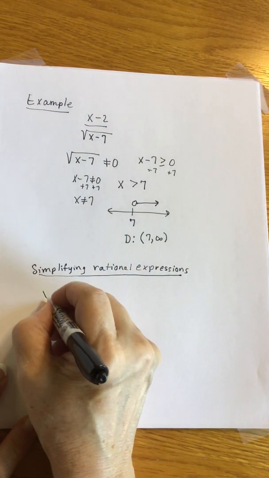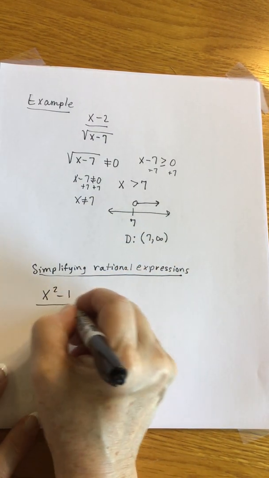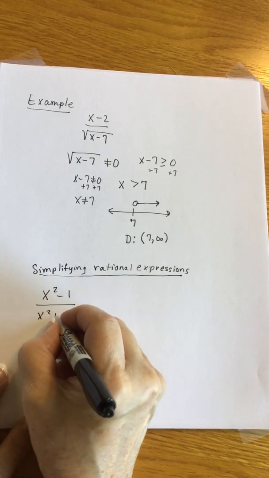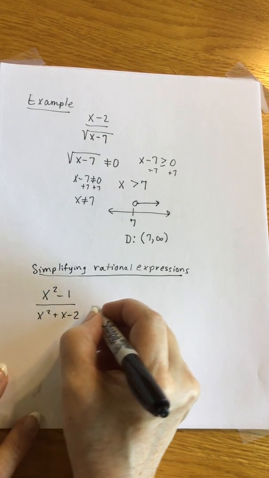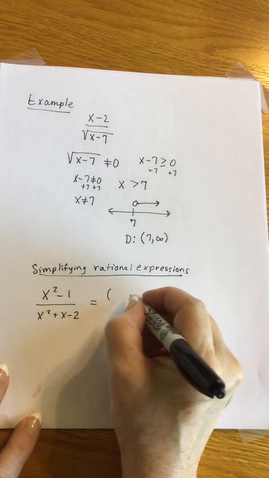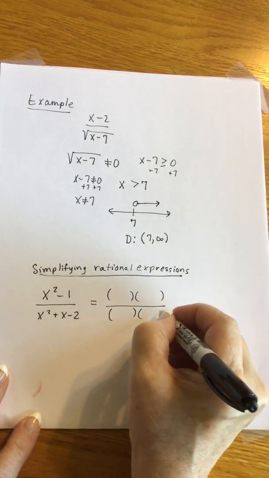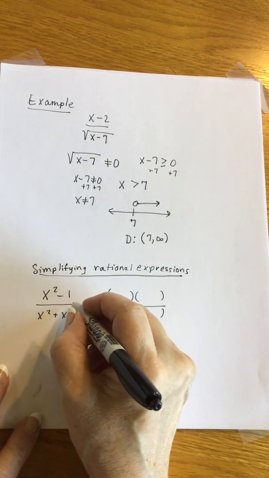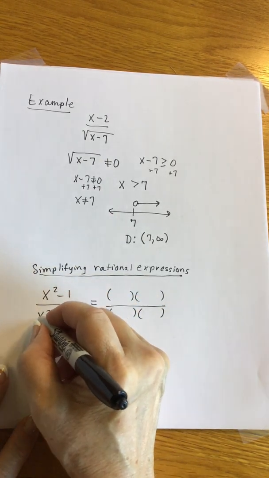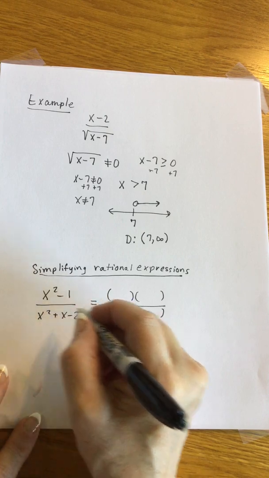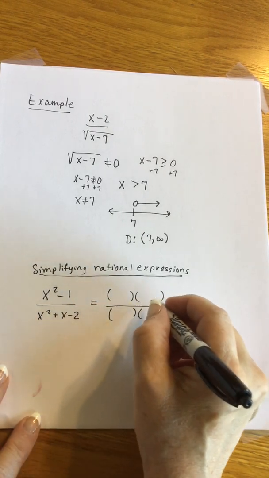So we have an example: x squared minus 1 over x squared plus x minus 2. So we have to factor the numerator and factor the denominator before we can do any canceling. So we can't cancel x squared and x squared because there's a plus and a minus between them. But we can factor first.